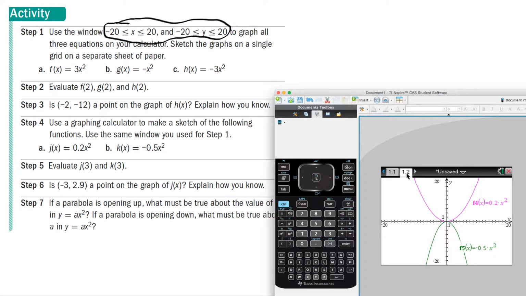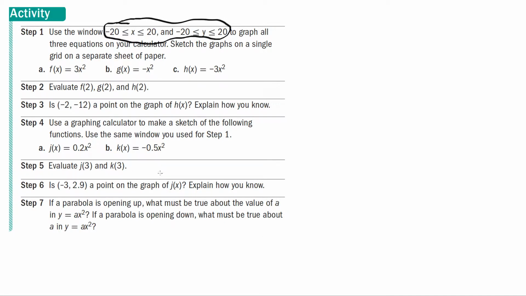For step 5, you're asked to evaluate J of 3 and K of 3. So for J of 3, we're going to put that into our calculator, I guess. x squared is 9, and 0.2 times 9 is equal to 1.8.